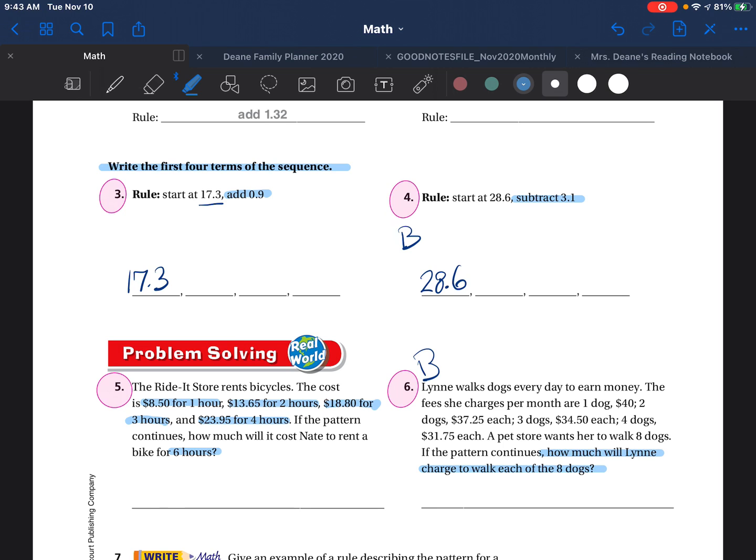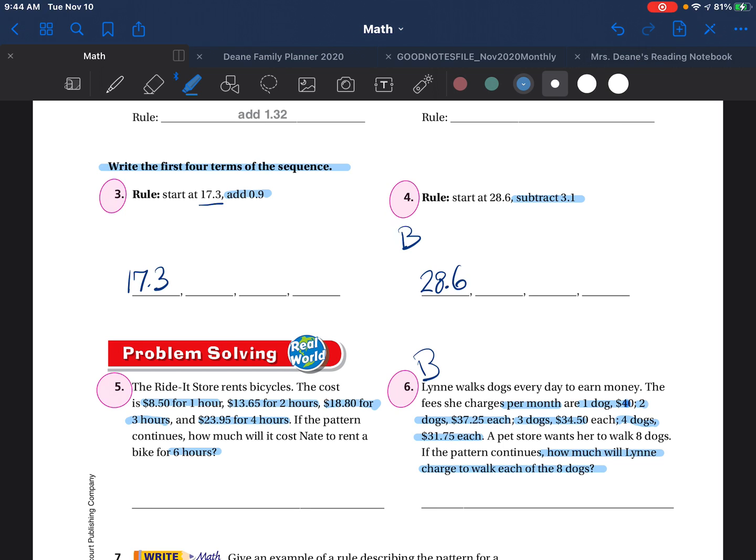Number 6, Lynn walks dogs every day to earn money. The fees she charges per month are 1 dog, $40, and this is per month. And then we have 2 dogs for $37.25 each, 3 dogs, $34.50 each, 4 dogs, $31.75 each.